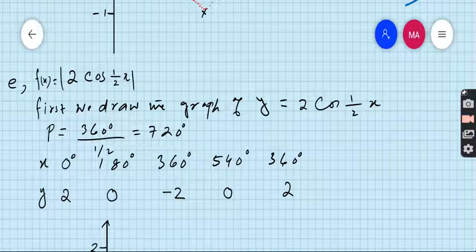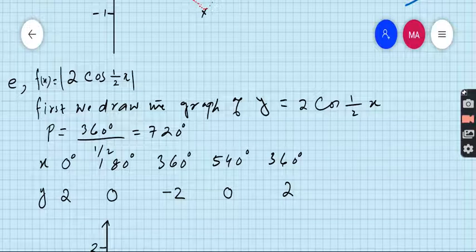Take 180 degrees interval and use your calculator. Write in your calculator 2 into cos 1 upon 2 into 0. Sorry, for cos 1 upon 2 into 0 you will get 2.